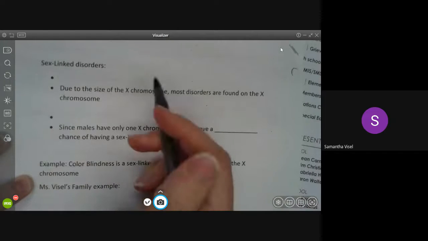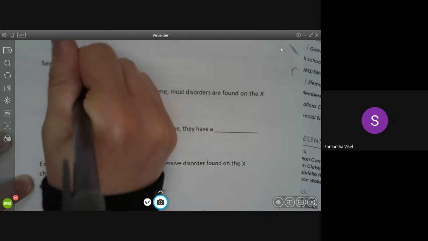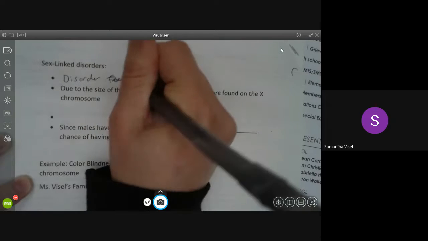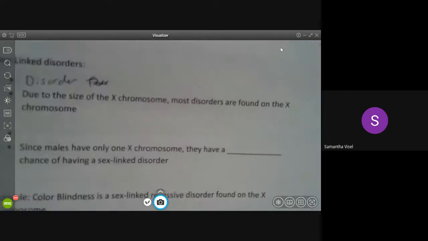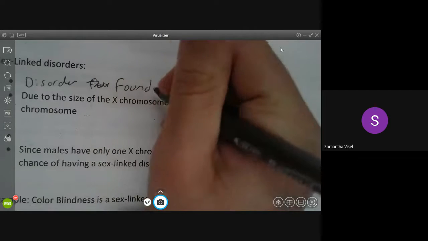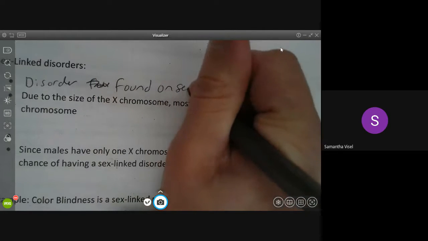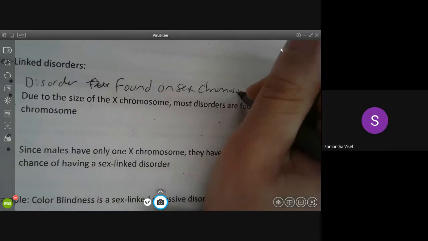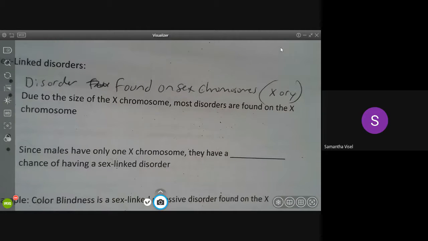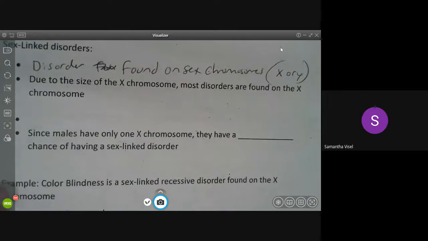Now, a sex-linked disorder is a disorder found on the sex chromosomes. So that means they're found on the X or the Y chromosome. You notice in our karyotypes that the X chromosome happens to be much larger than the Y chromosome.